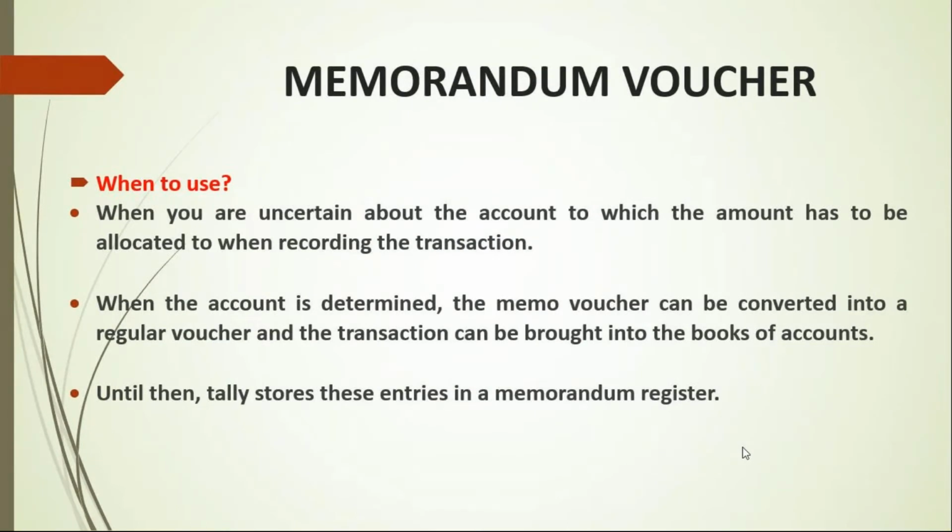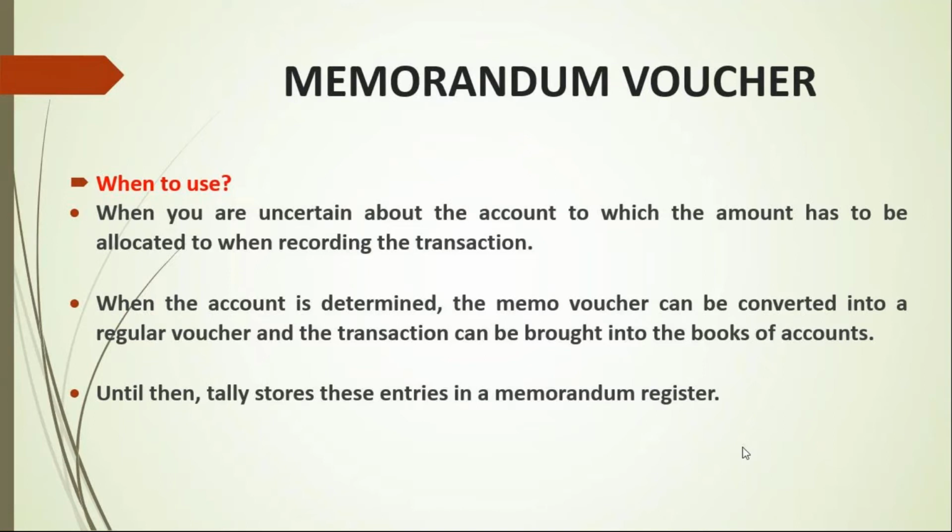I've given here when to use. When you are uncertain about the account to which the amount has to be allocated when recording the transaction, that time the memorandum voucher has to be used. The memorandum voucher, in short, is reckoned as a memo voucher.